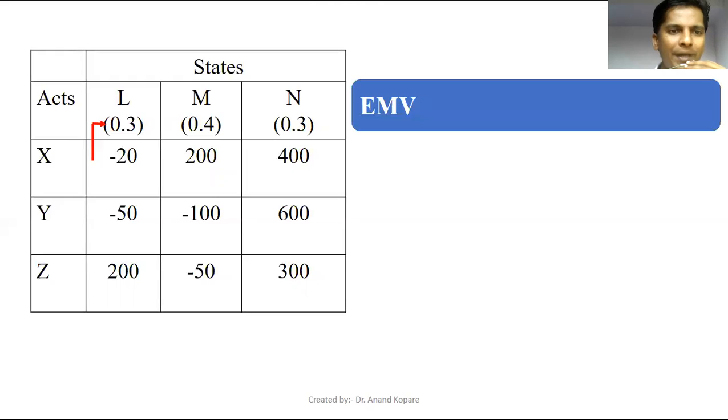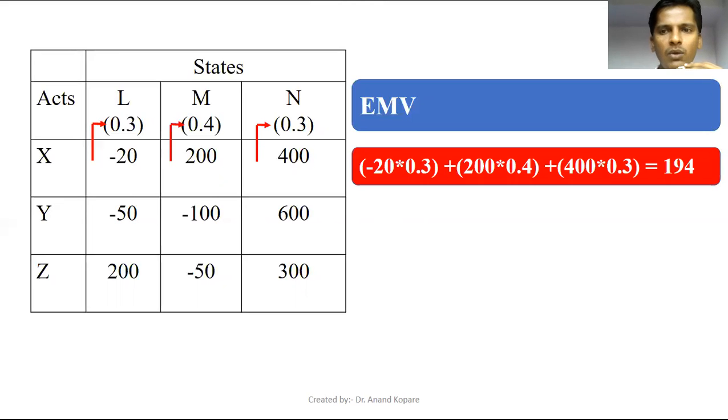For the first act: 20 into 0.3 plus 200 into 0.4 plus 400 into 0.3, and this is how you find the EMV for the first row.